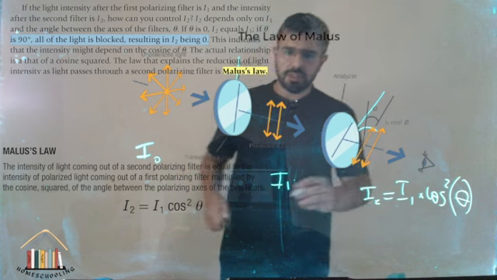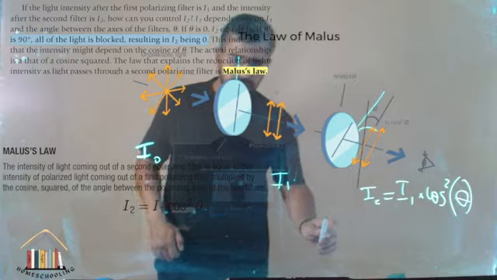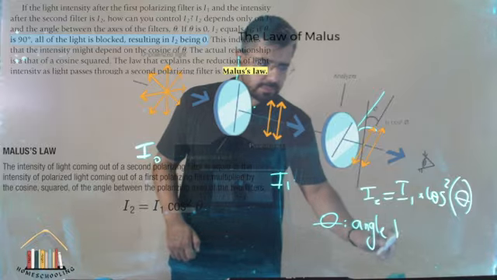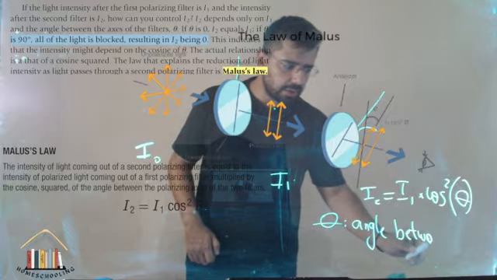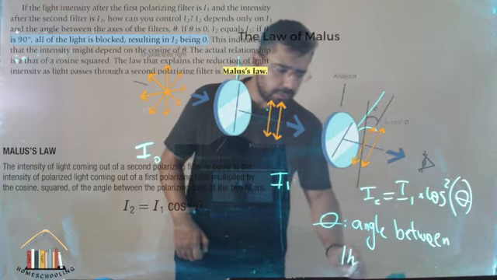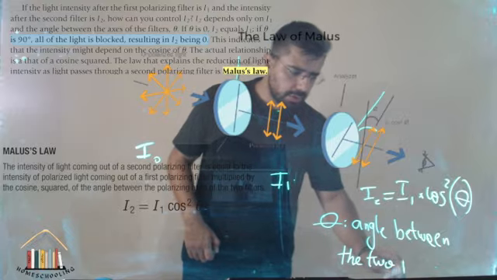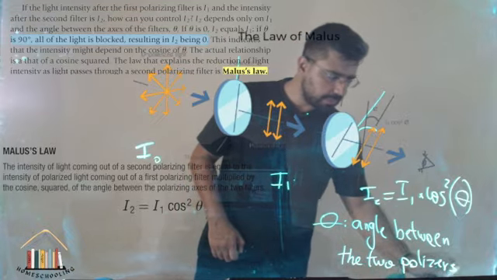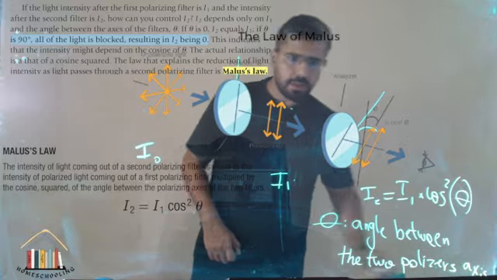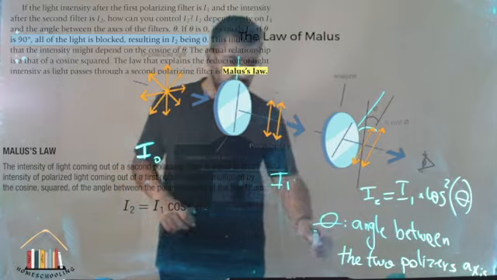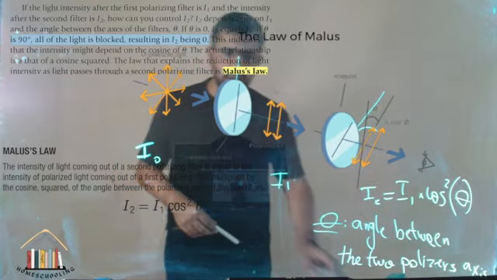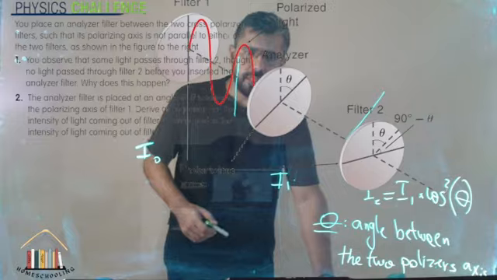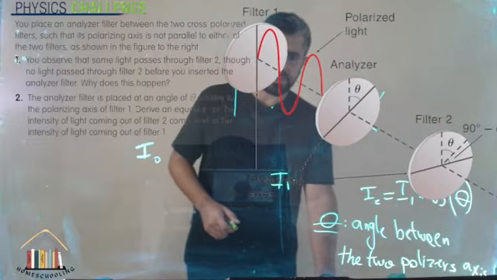Here, theta is the angle between the two polarizers' axes. It's very important to define this angle before doing any further calculation. So let's discuss this slide together.